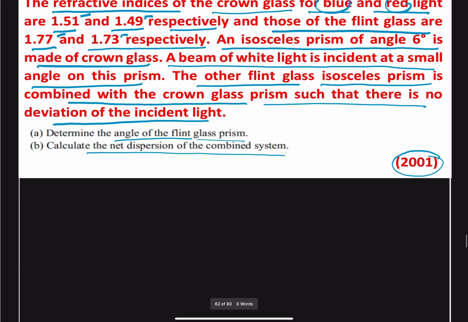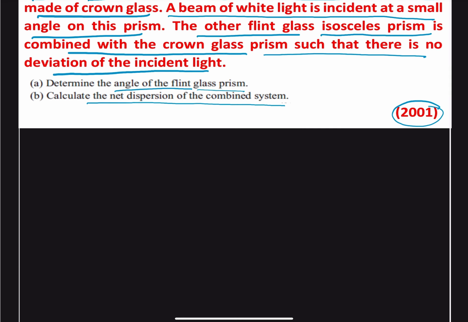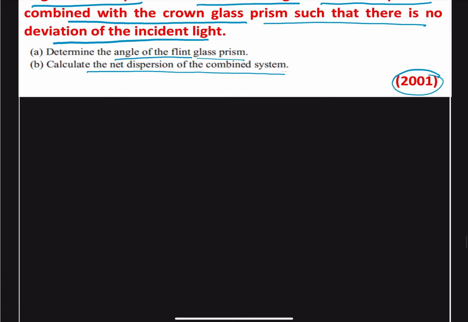Okay, so we can just draw an approximate figure. If this is our crown glass and the other one is a flint prism, here we are given a white light.